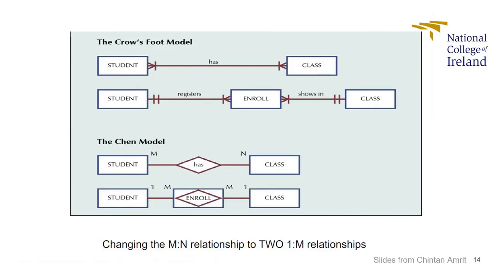So what we can do is change the many-to-many relationship into two one-to-many relationships. So we go from many students can have many classes to one student registers and shows up in a class.